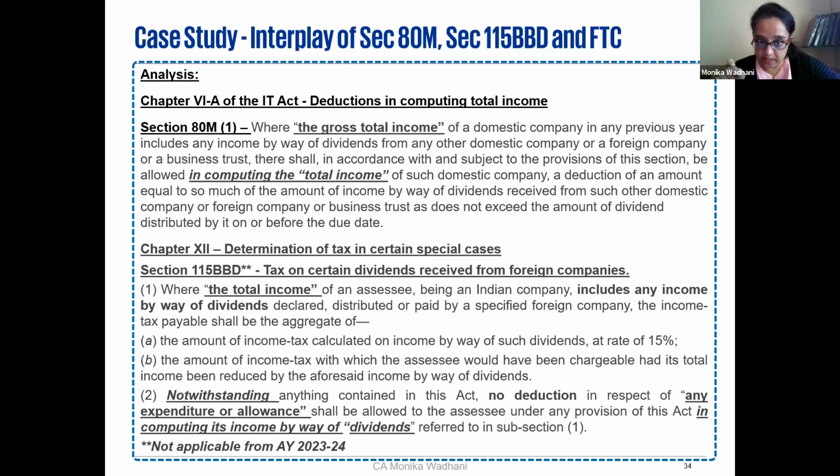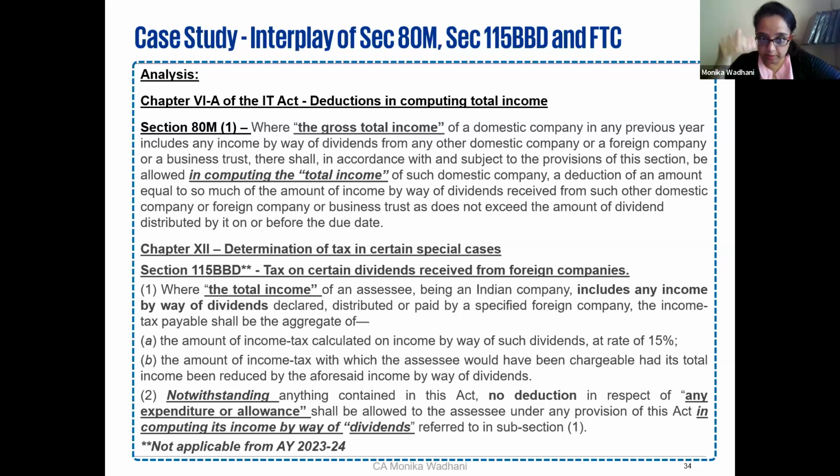The way it reads is that where gross total income of a domestic company in any previous year includes any income by way of dividend, it only says in gross total income, includes income by way of dividend from any other domestic company, or a foreign company or a business trust, in accordance with and subject to the provisions of this Act, be allowed in computing the total income.